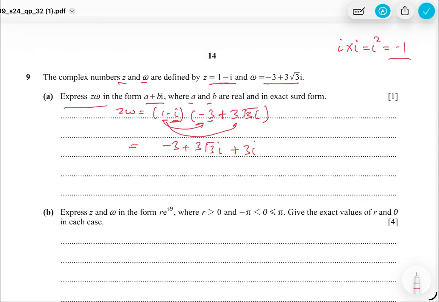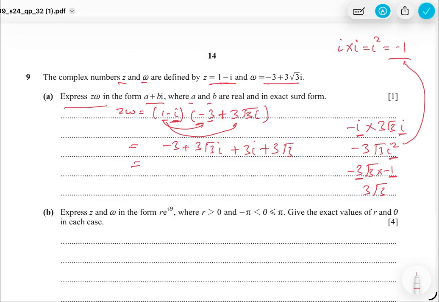Now this is the main part: negative iota times 3 root 3 iota. Tell me, iota times iota would be iota square. Yes or no? So it would be negative 3 root 3 iota square. Iota square value is negative 1. Negative 3 root 3 times negative 1. This would give us 3 root 3. Yes or no? So positive 3 root 3.